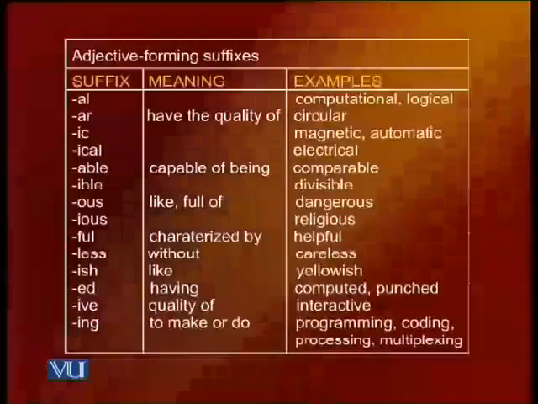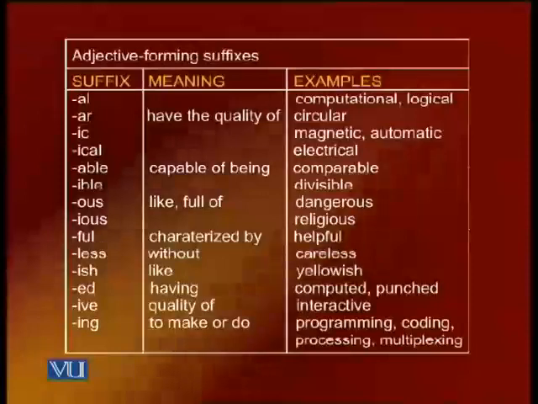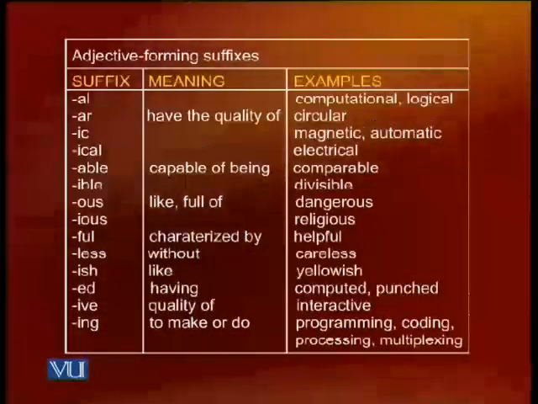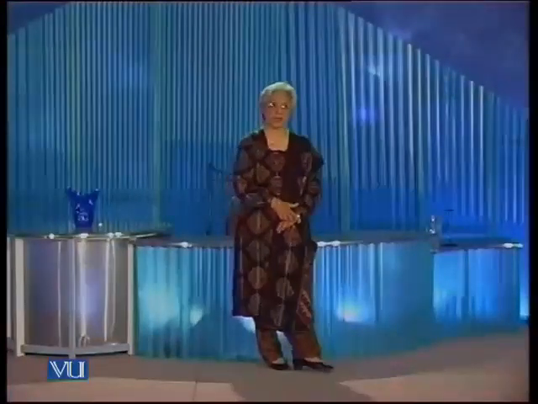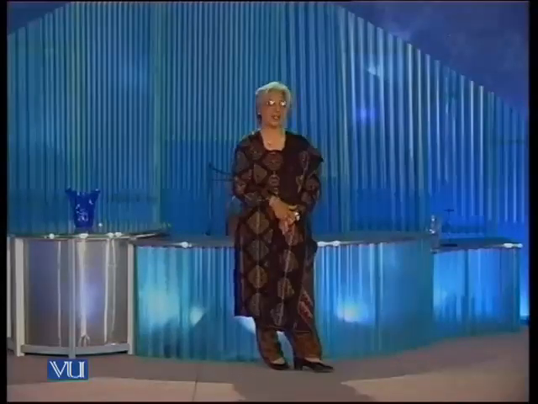And you've got IVE, which means the quality of. Interactive, interact and you add IVE to it, and it means interactive. In the same way, ING, to make or to do something. Programming, it can be a verb, but it can also be an adjective. Programming, coding, processing, multiplexing.